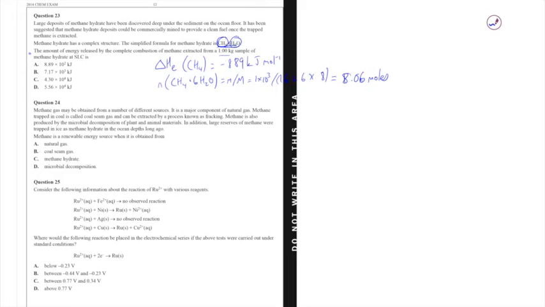Now, how do we work out the number of moles of methane within that sample? Well, if we have a look at it, methane hydrate contains only one methane molecule. And that means that there's a one-to-one relationship between the amount of methane obtainable from the methane hydrate.